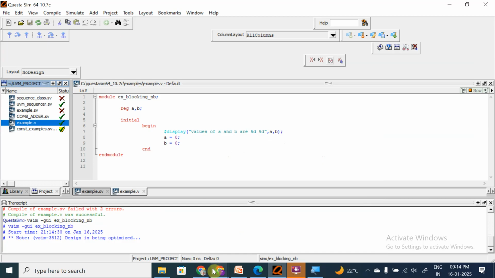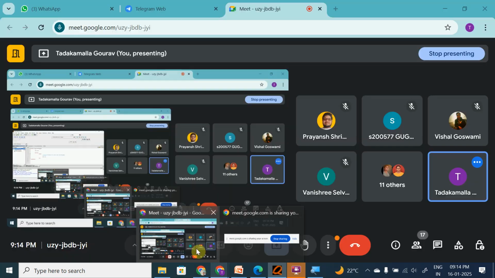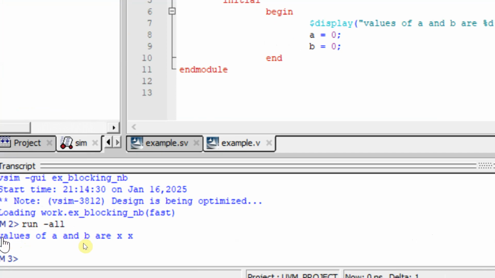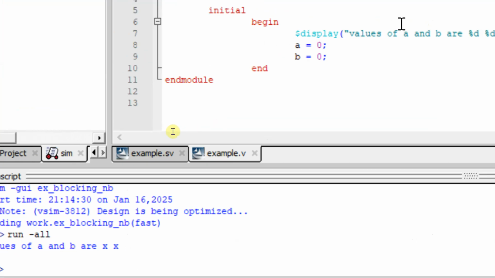It is being simulated. So what is the value I'm getting? A and b are unknowns. Okay. So since I'm using $display, the assignment has not yet happened. So I'm getting values of a and b are equal to 0 and 0.